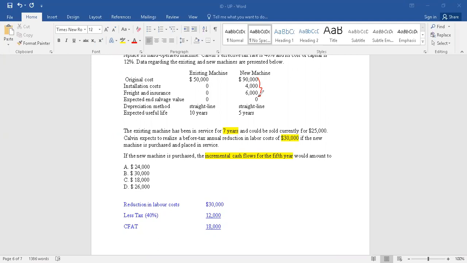So on account of depreciation, they would be benefited, because by deducting depreciation, the tax benefit can be enjoyed. Tax benefit can be enjoyed to the extent of 40% on the depreciation amount. So let's calculate the depreciation amount on the new machine.